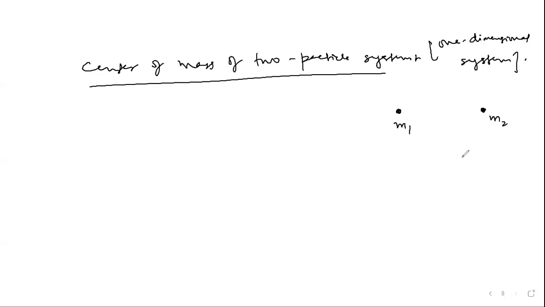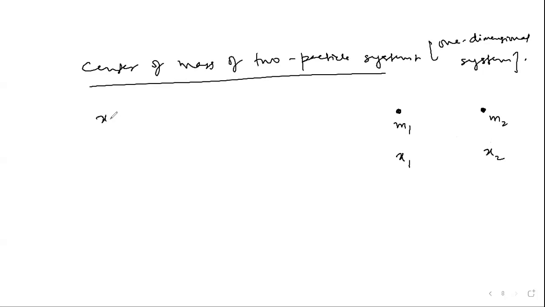That means each mass will have a single position coordinate, and center of mass of the system will also have a single position coordinate. That means to locate the center of mass of a one-dimensional system, we need to locate only one position coordinate. So we take that position as x. So let x1 be the position coordinate of M1, x2 be the position coordinate of M2.